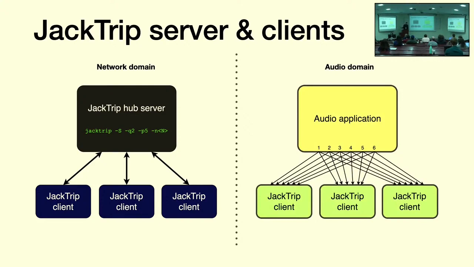And what we can have is an audio application that's not necessarily a JackTrip client. It's just something that exists within the Jack audio routing system. It can, via that system, send audio to the JackTrip clients. And this can be, as I'm illustrating here, multiple channels of audio.